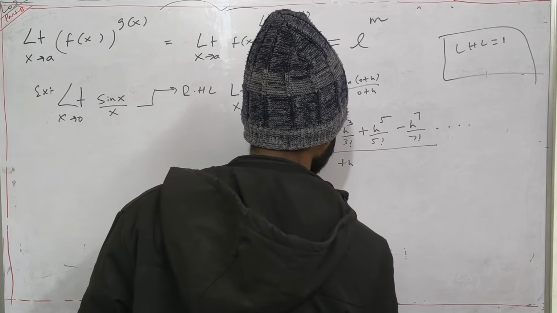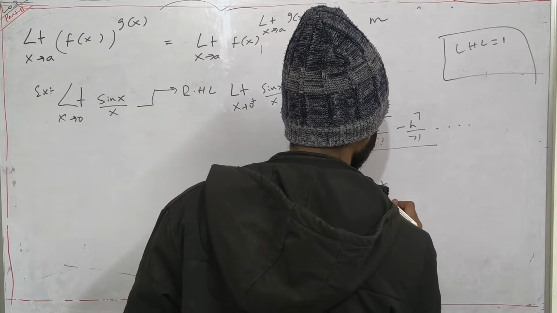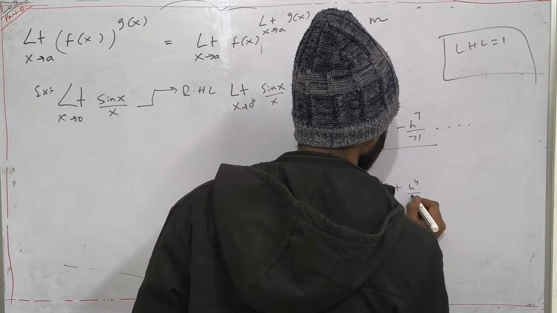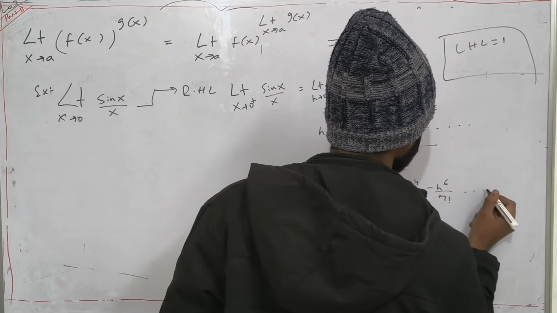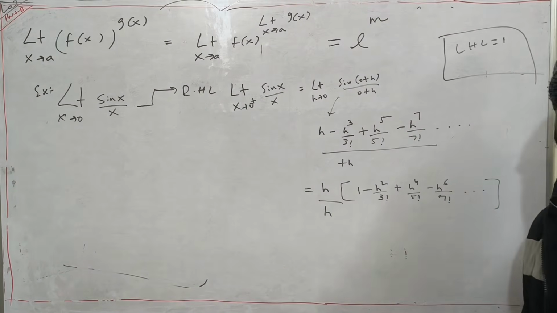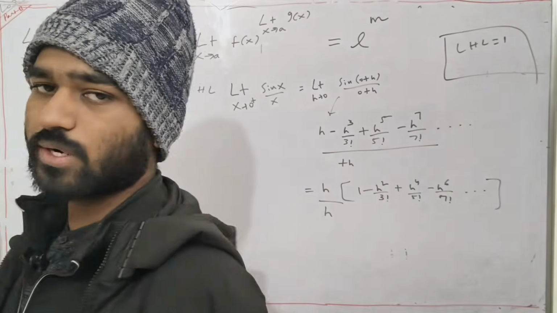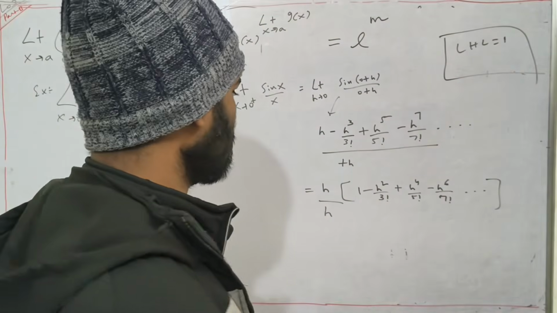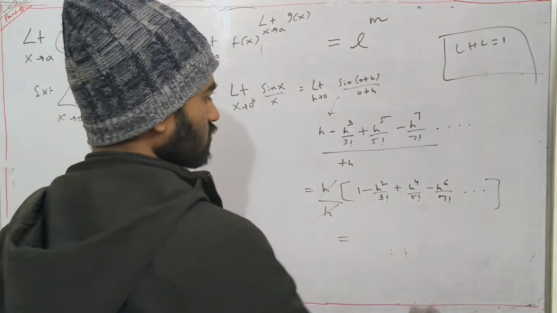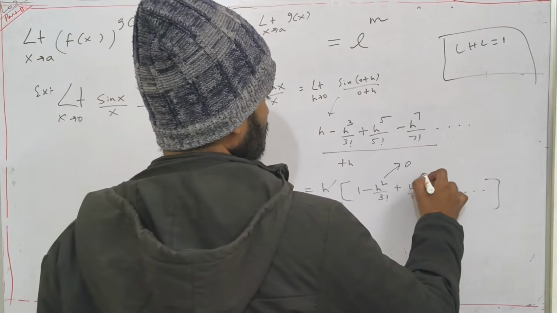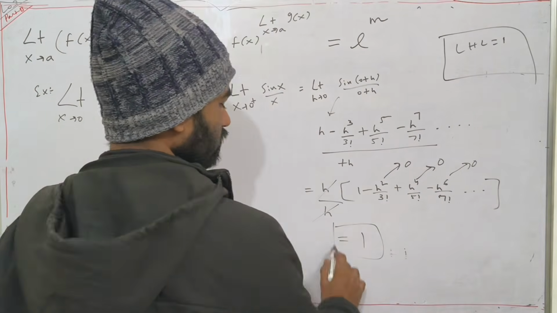Take h common: 1 minus h square by 3 factorial plus h power 4 by 5 factorial minus h power 6 by 7 factorial and so on. Since h is not exactly 0 but tending to 0, what can you do, children? You can cancel h in numerator and denominator. So as h tends to 0, each of these terms tends to 0, and the value is 1.